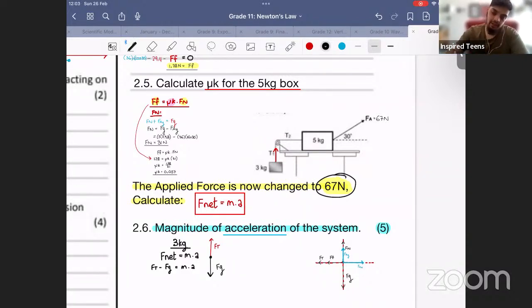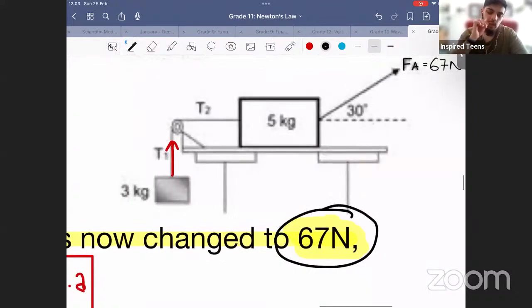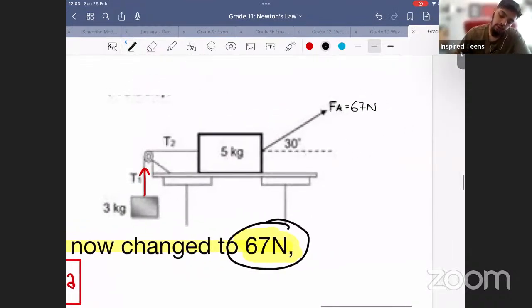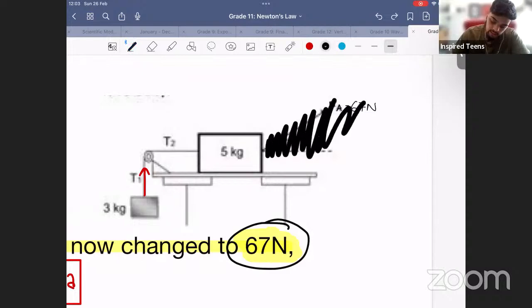The reason for that is, remember, what is tension in the rope created by? Let's think of this logically. Imagine we had no applied force, nothing, and this object was just hanging.